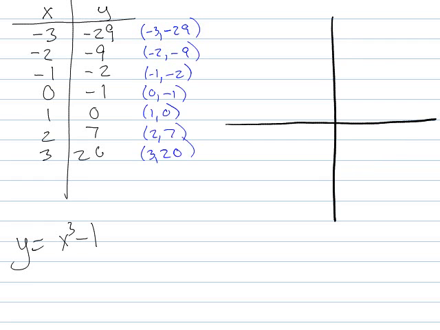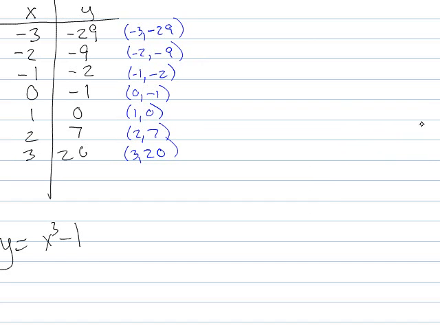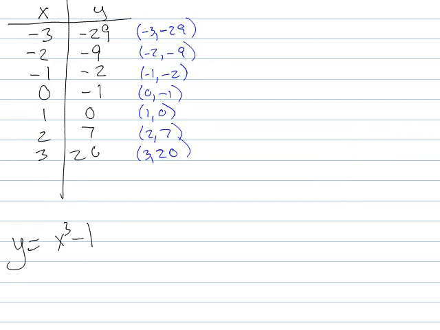Holy cats, I need like a bazillion tick marks. 1, 2, 3, 4, 5, 6, 7, 8, 9, 10. Okay, I have a better idea. How about we do this? And I think your book does this too, so I'm not a bad person for introducing it. I'm going to make tick marks that are worth 5.